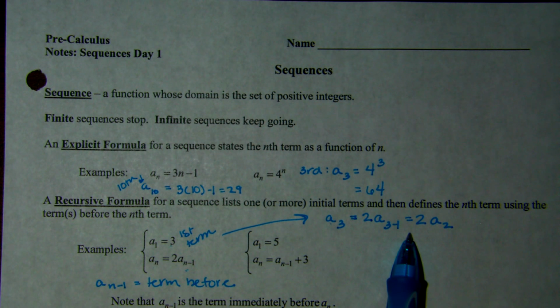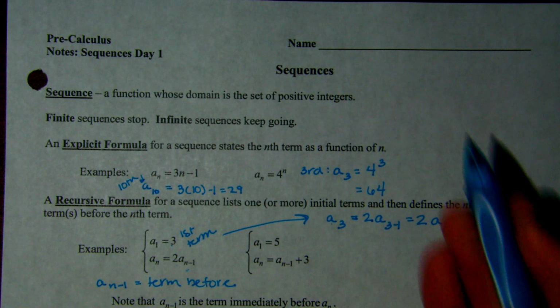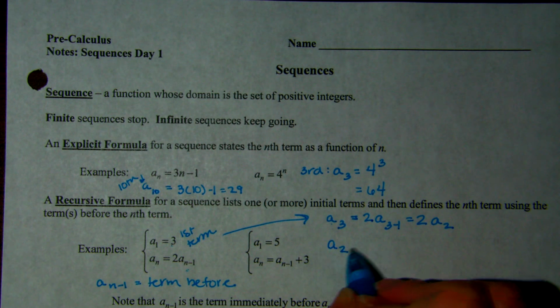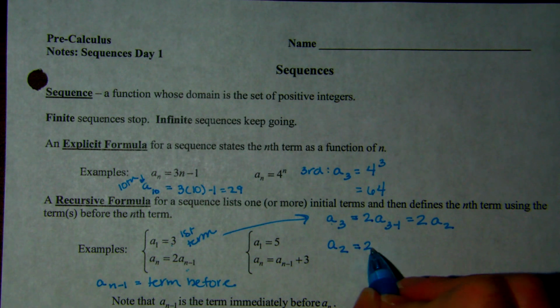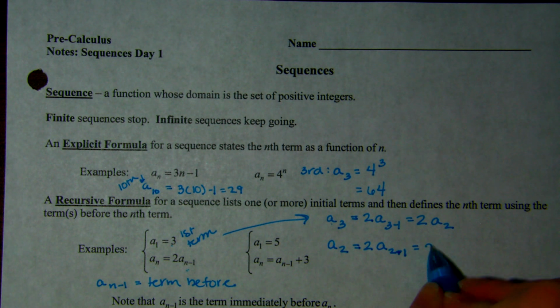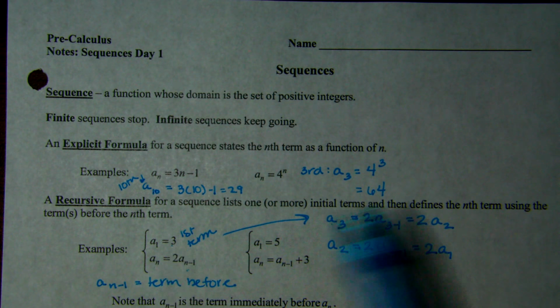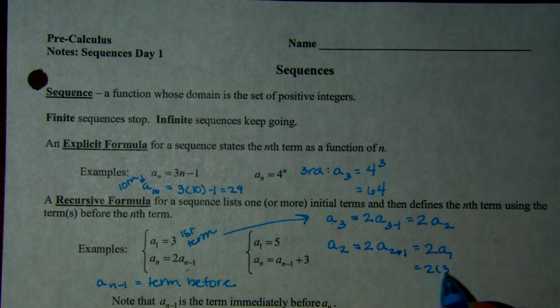We don't have the second term. That's why they had to give us the beginning. In order to find the second term, that's 2 times a sub 2 minus 1, and that's 2 times a sub 1. Well, here, I've got the first term. The first term is 3. So this is 2 times 3, and that's 6.